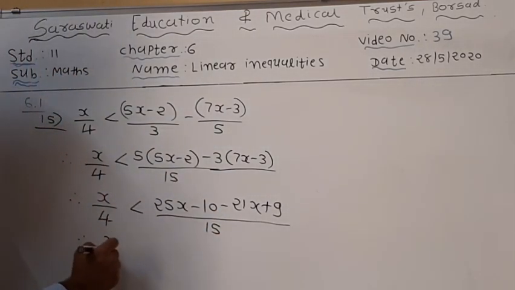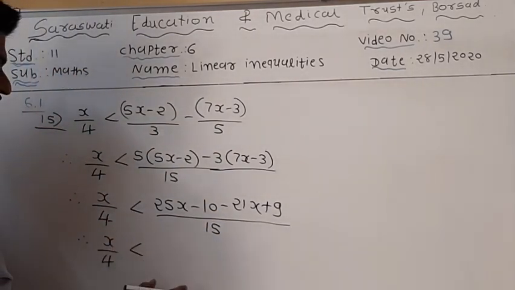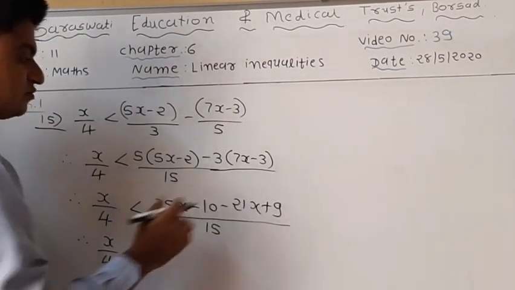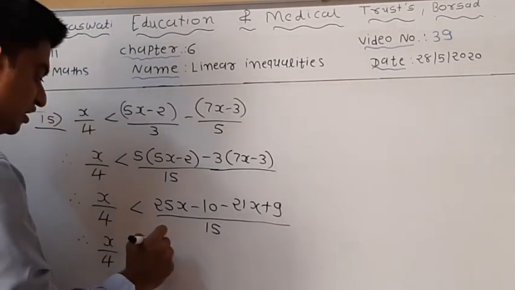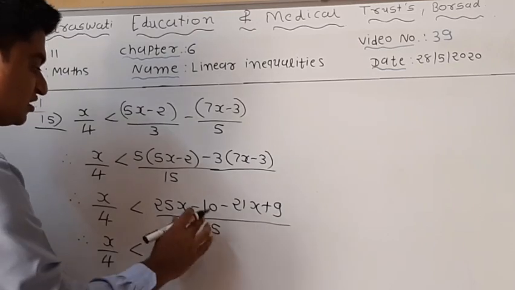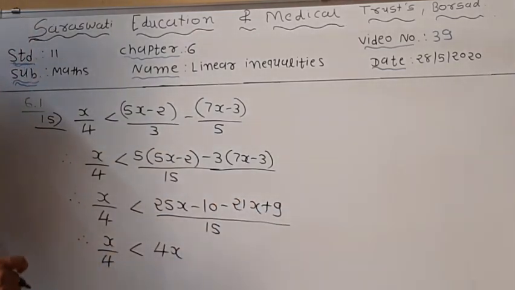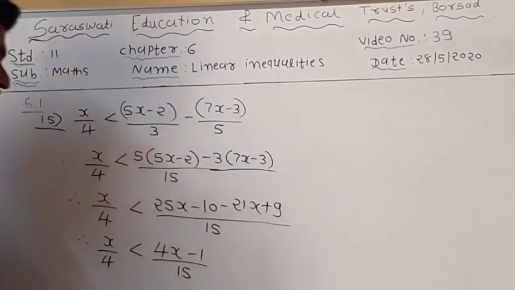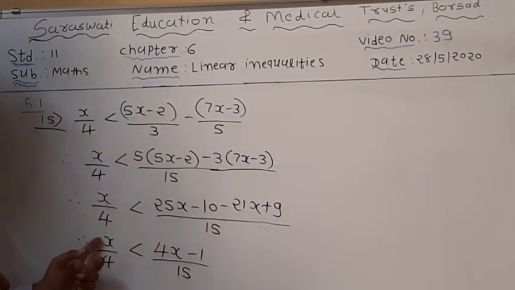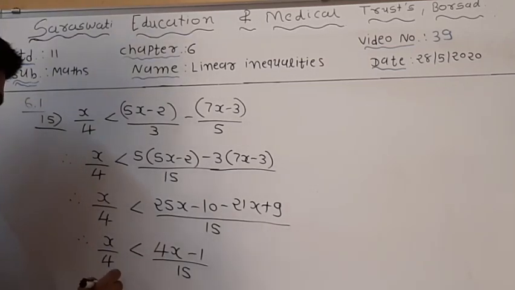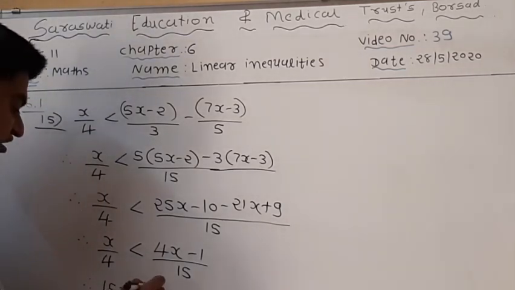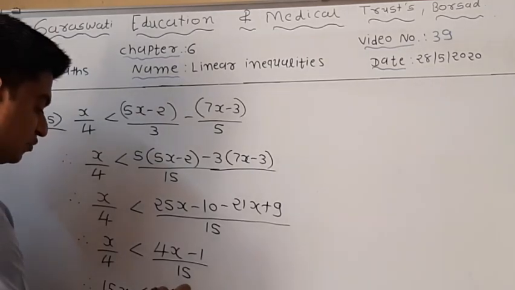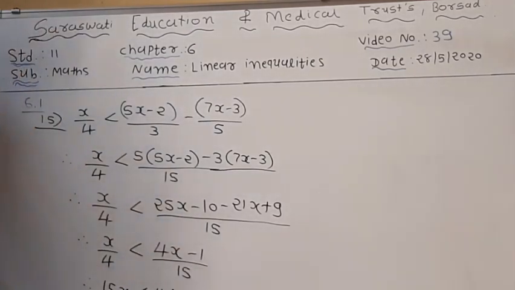Therefore x upon 4 less than 25x minus 21x, that means 4x, minus 10 plus 9, that means minus 1, upon 15. Now multiply 15 on this side and 4 on this side. So 15x is less than 4 times (4x minus 1).